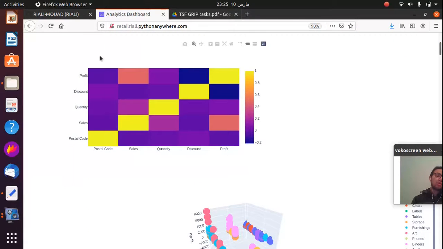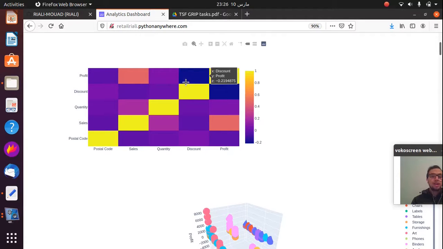Here we'll start by creating a correlation matrix that tells us the relationship between the quantitative variables and each other. For the profit row that we're interested in, sales and profit are correlated by a rate of 47 or 48%, which is important.